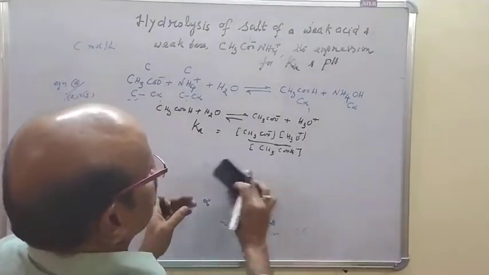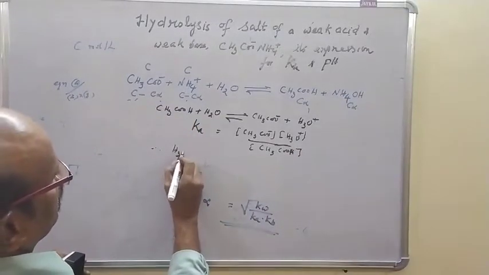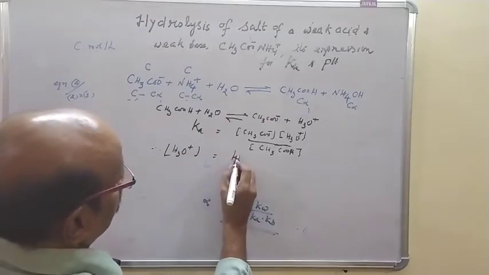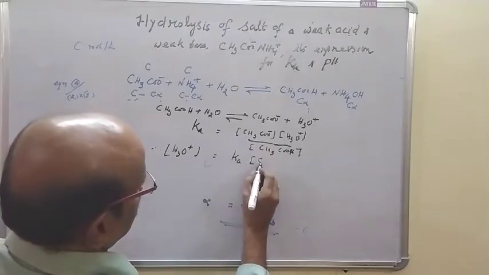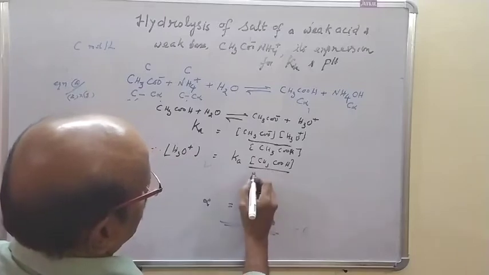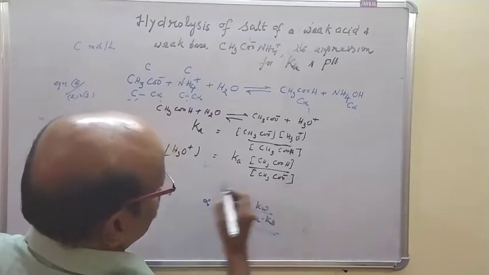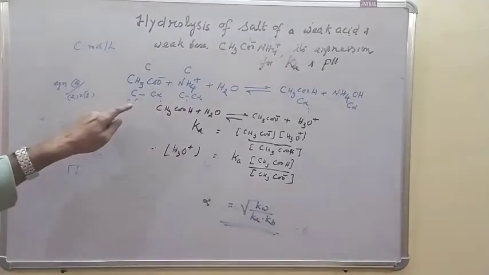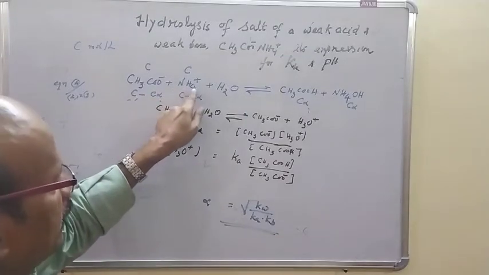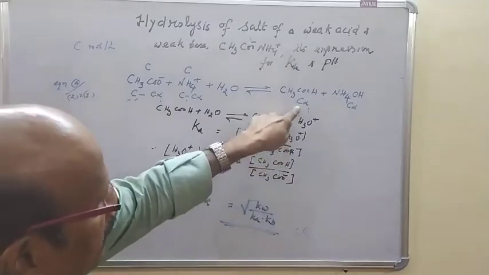Therefore we find out H3O plus. The concentration of H3O plus ion is Ka into CH3COOH, that is acetic acid, divided by the concentration of acetate ion. In the case of a salt of a weak acid and a weak base like ammonium acetate, the concentration of acetic acid at equilibrium is C alpha.